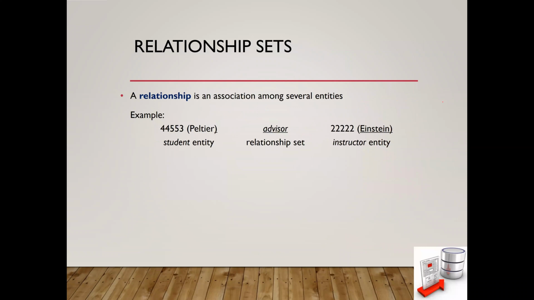Now, the next very important thing is something called relationship set. In an ER diagram, the most important thing is the relationship. A relationship is an association among several entities, an association or a connection between entities.